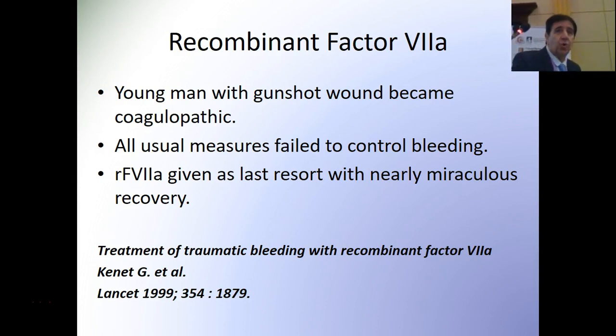But there was a case study where a guy with a gunshot wound became coagulopathic, all usual measures failed to control bleeding, and then he received recombinant factor 7A as a last resort, and had a nearly miraculous recovery.